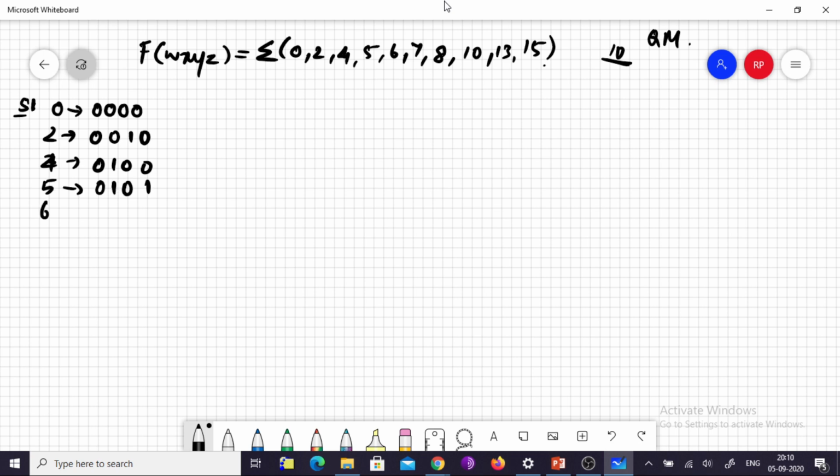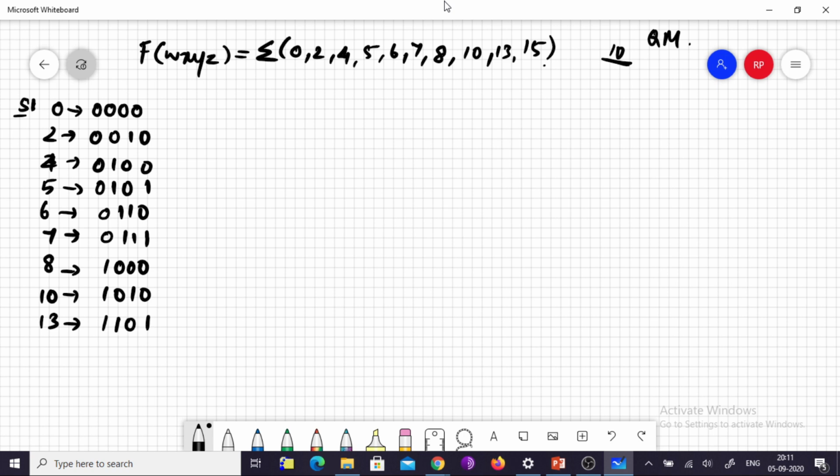Then minterm 6, which is 0, 1, 1, 0. Minterm 7, which is 0, 1, 1, 1. Then minterm 8, which is 1, 0, 0, 0. Followed by minterm 10, which is 1, 0, 1, 0. Then minterm 13, which is 1, 1, 0, 1. Then minterm 15, which is 1, 1, 1, 1.